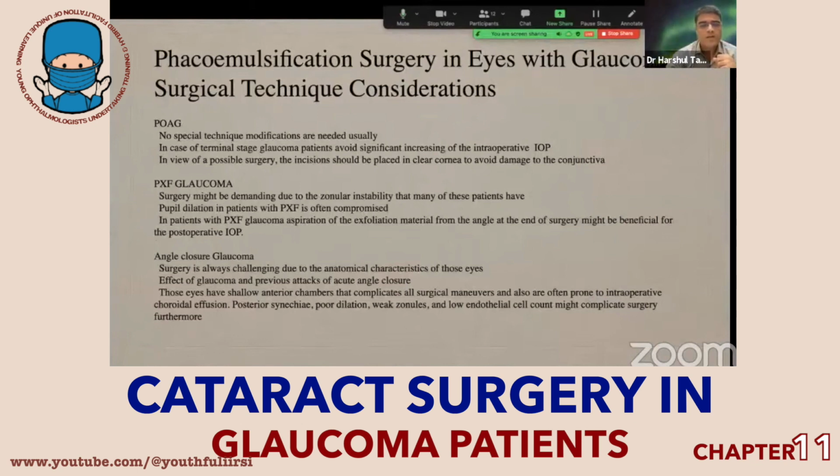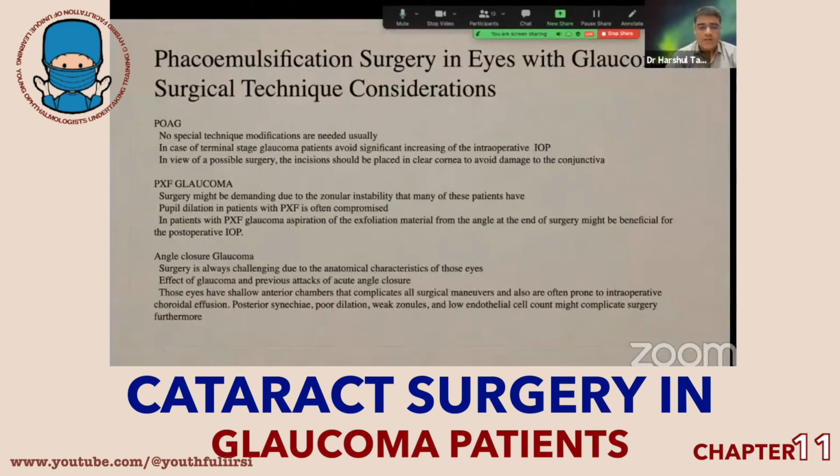In pseudoexfoliation glaucoma, surgery may be demanding because of zonular instability and poor pupillary dilatation. So we may need to use rings and hooks in these patients. And one tip is that in pseudoexfoliation glaucoma, you should always aspirate the exfoliation material from the angle at the end of surgery, which may be beneficial for post-operative IOP spikes.